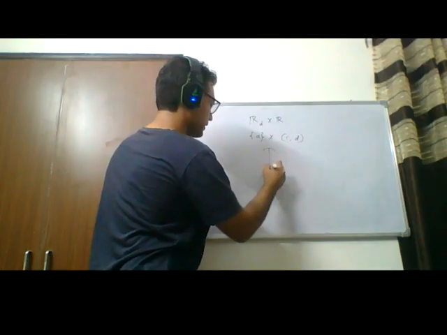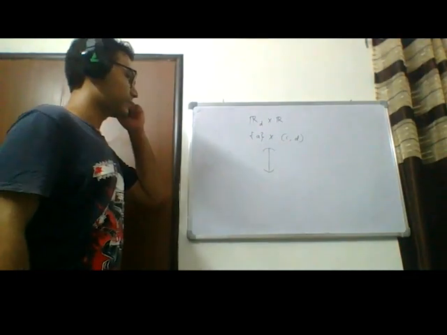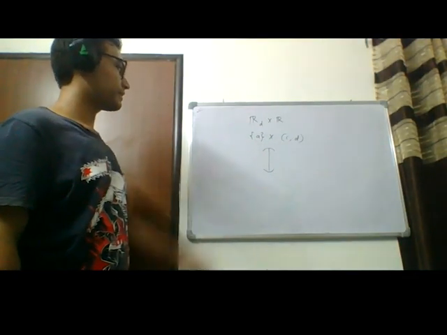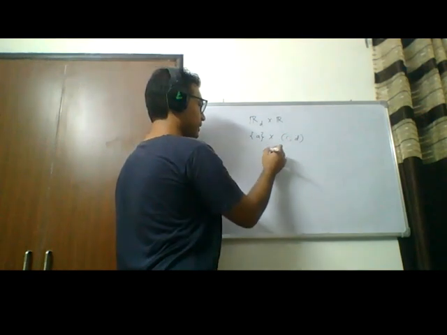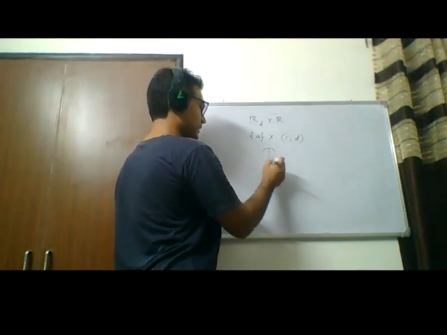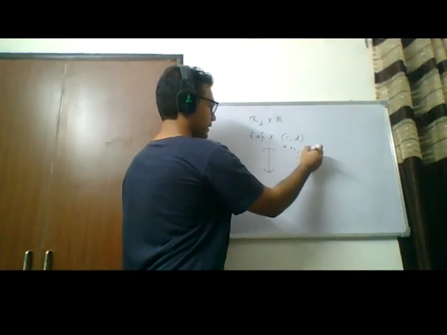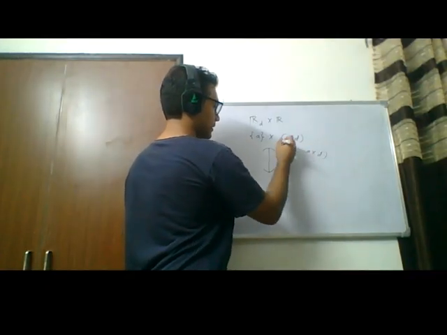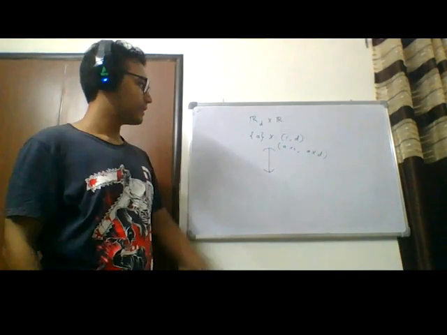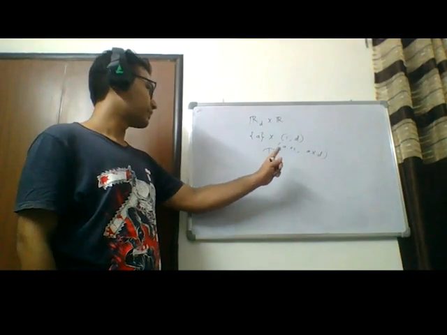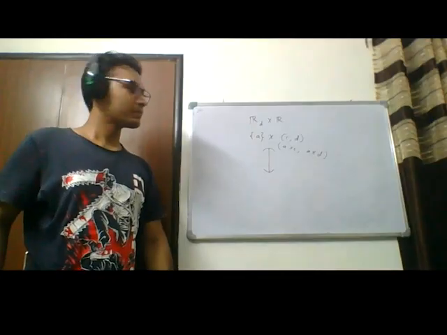So essentially something like this. Now this basis is obviously going to contain essentially the same thing: A cross C, comma, A cross D. So this open interval in the dictionary order topology, mind you, is contained here, right?